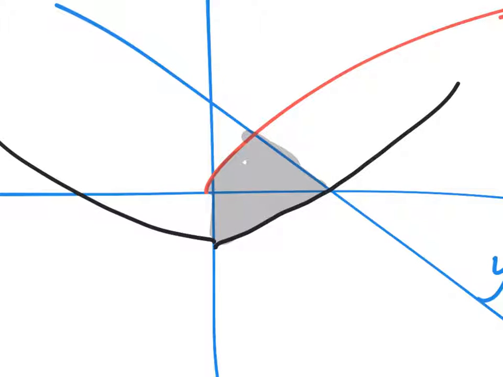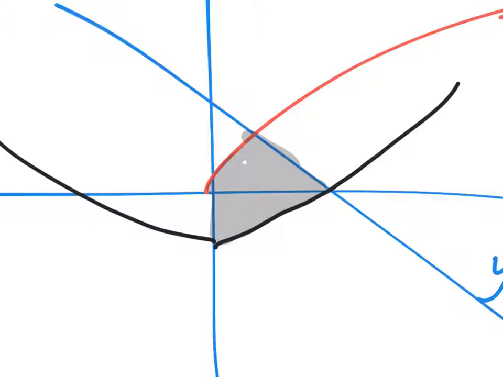How many people are going to integrate in terms of x? Raise your hand. How many in terms of y? How many people say that it doesn't really matter? Yeah, it doesn't really matter for this one.